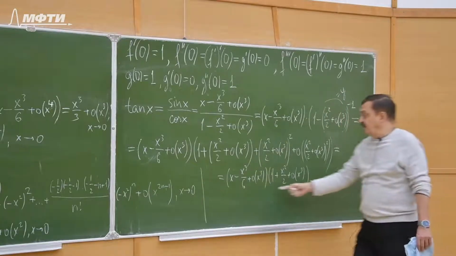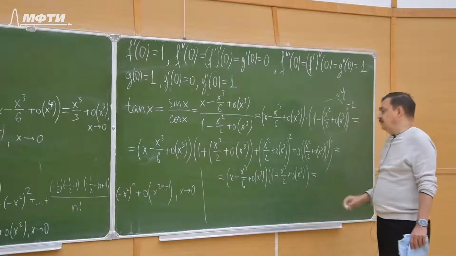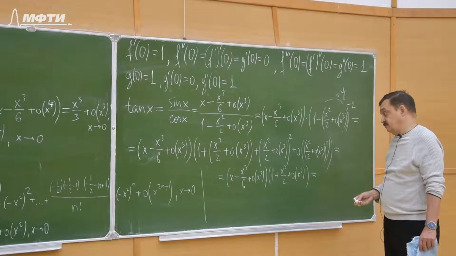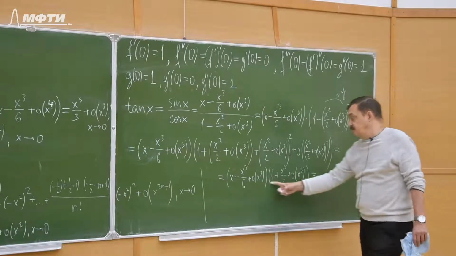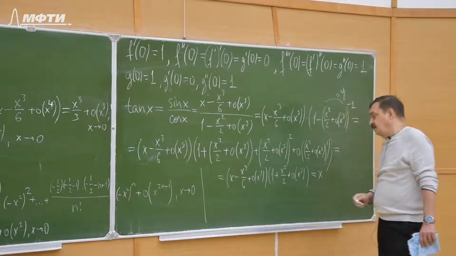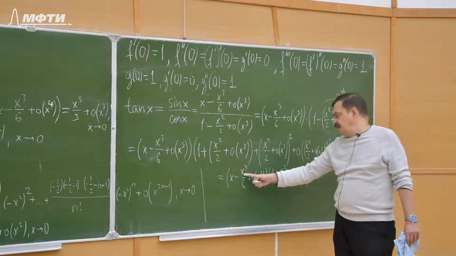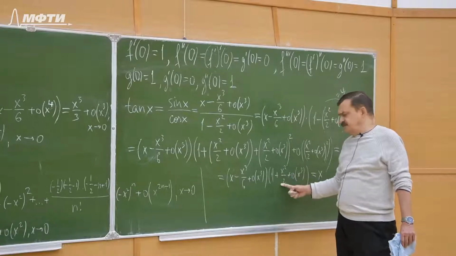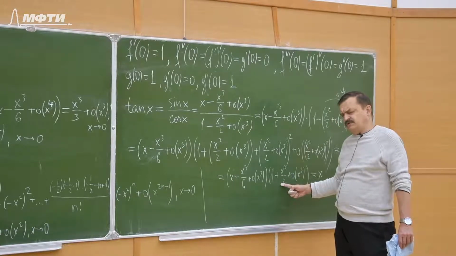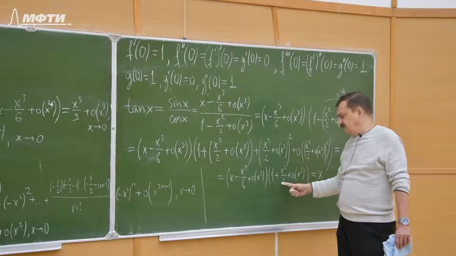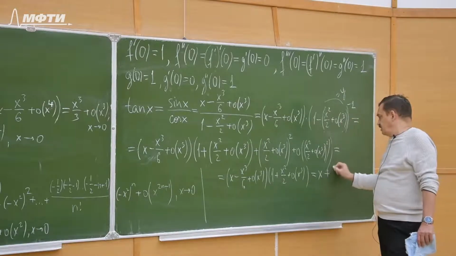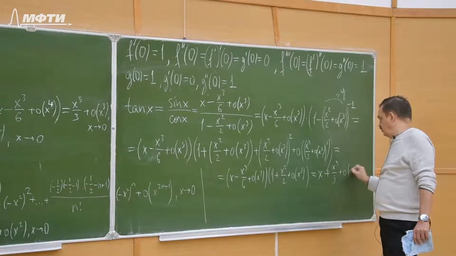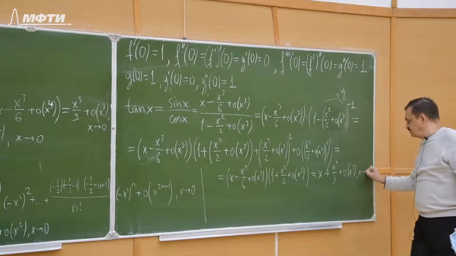And now multiply and collect only powers no more than cube, and it gives x, and for x cubed minus 1 over 6 plus 1 over 2 plus 3 over 6, so plus x cubed over 3 plus little o of x cubed, as x tends to 0.